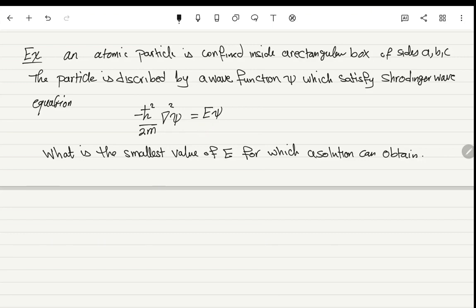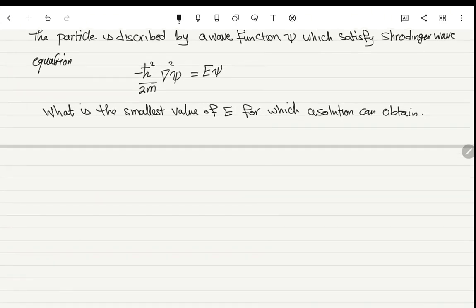Now, what is the smallest value of E for which a solution can be obtained? Now, we need to solve this one here using the separation of variables and using the Cartesian coordinates as well.